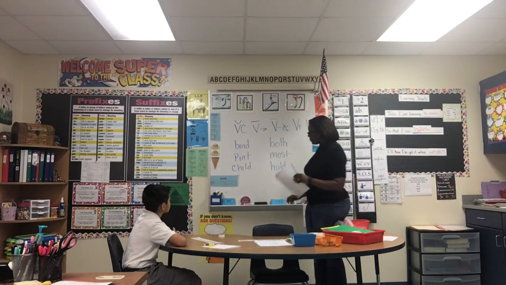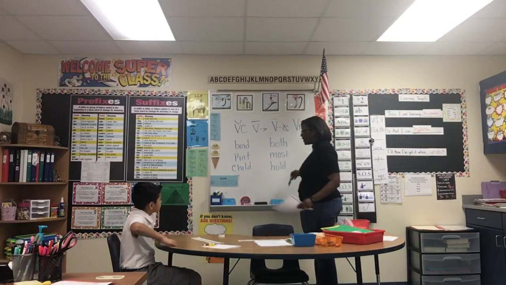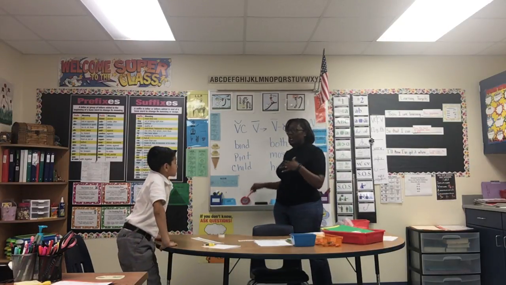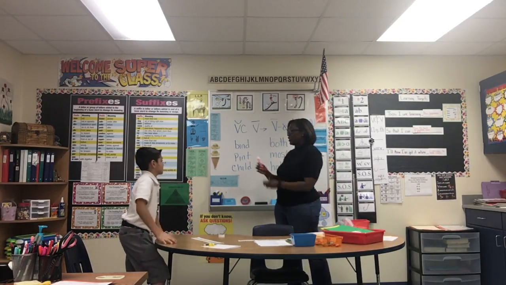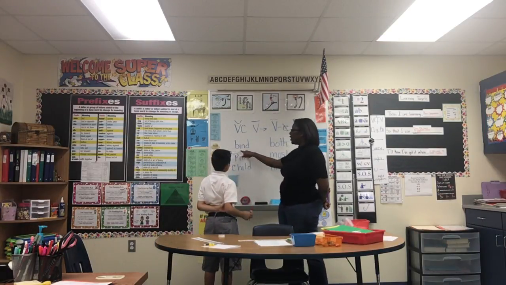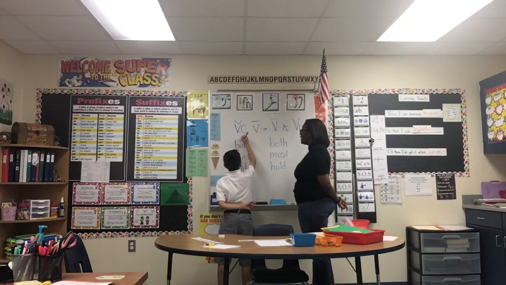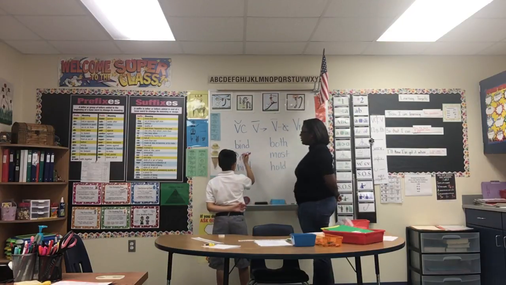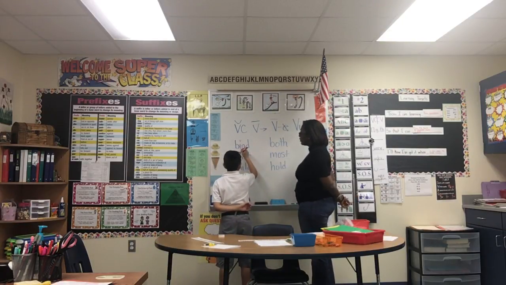Let's code the words like we know how to code them. You can come up and code them. So, a vowel in a closed syllable is short, coded with a breve. What about this one? I is short, coded with a breve.